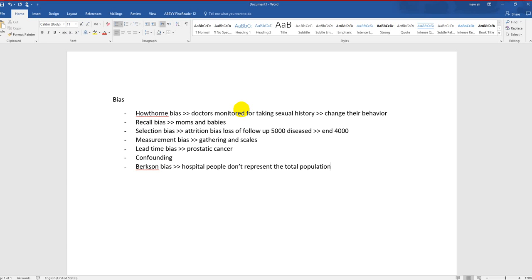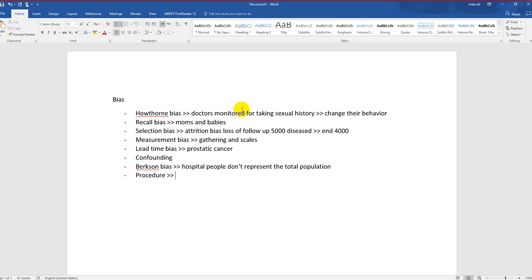And the healthy worker bias as well. We take the healthy people. It's the contrary to Berkson bias. And the low yield bias is the following. There's a bias called the procedure bias. From its name, you will never miss such a question in the exam.